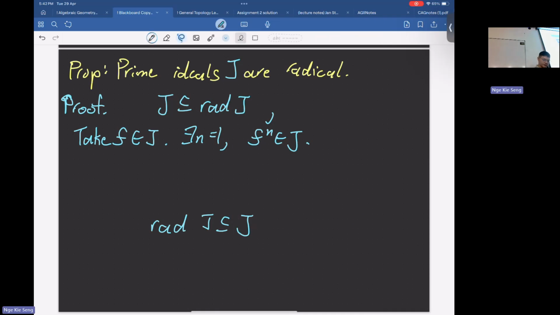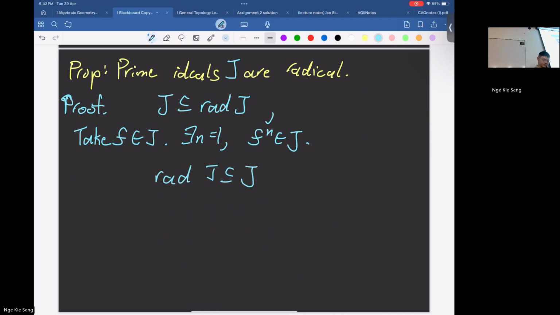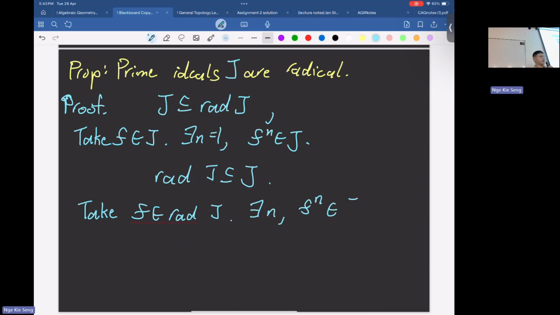Okay, how about the other direction? Take f in rad J. Meaning what? There exists some power fn in J. But you want f in J. But J is prime. J is prime means what?